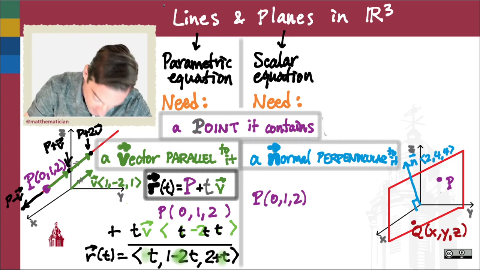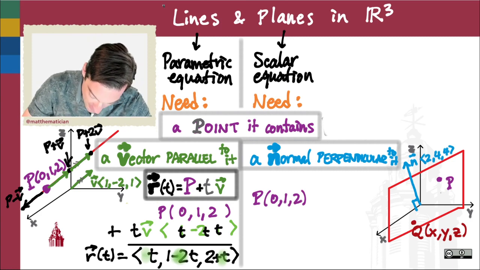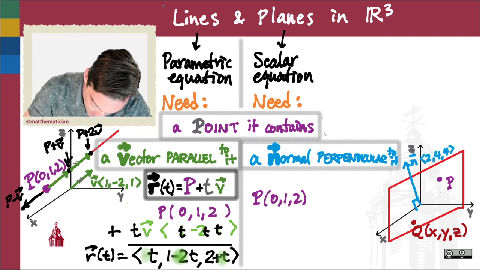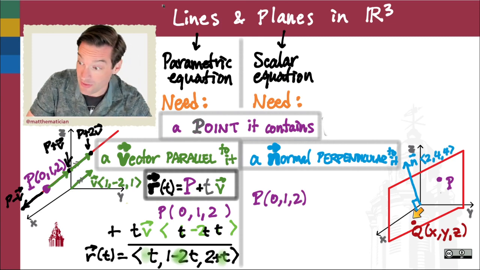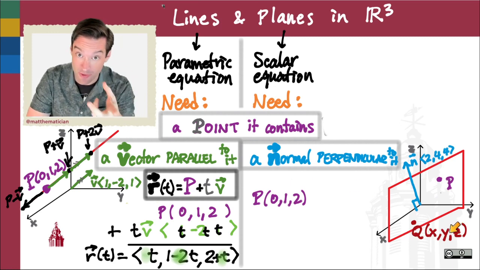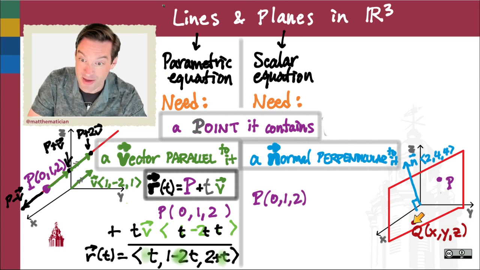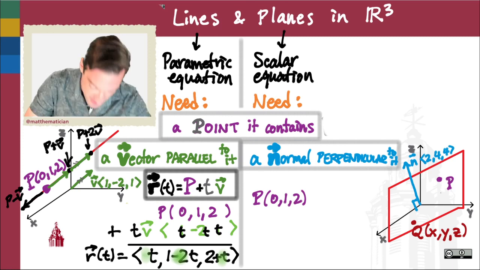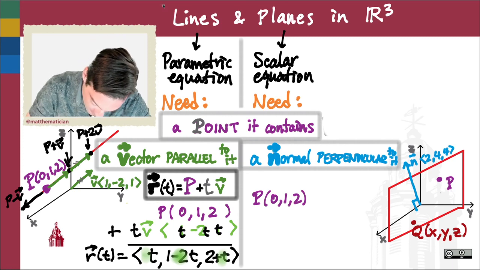To find a direction which is parallel to my plane, I'm going to do what you did in the last example. Since I know 2 points in my plane, one of which has specific coordinates (0, 1, 2), the other of which has arbitrary coordinates that we're trying to characterize, I can find a vector parallel to my plane just by connecting P to Q with a displacement vector.